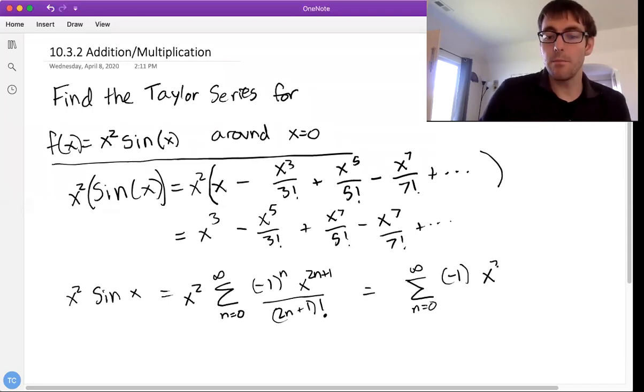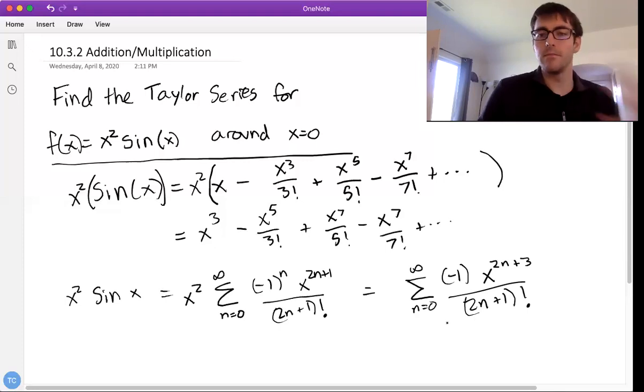X to the 2n plus 1 times x squared is x to the 2n plus 1 plus 2, or x to the 2n plus 3, and that ends up being all that really changes.